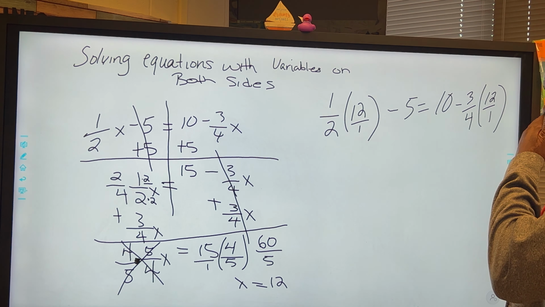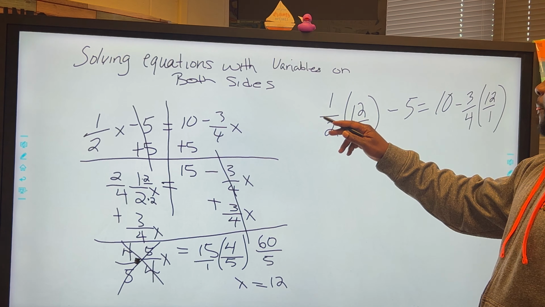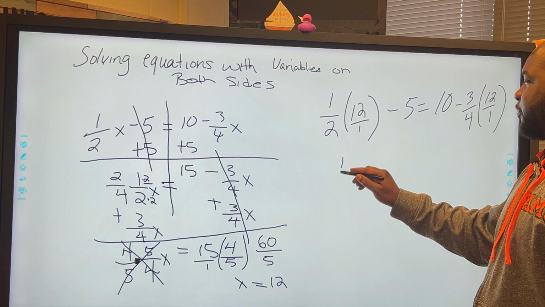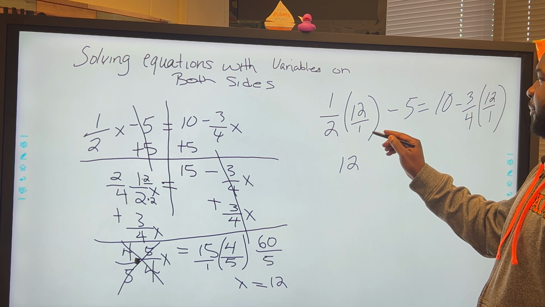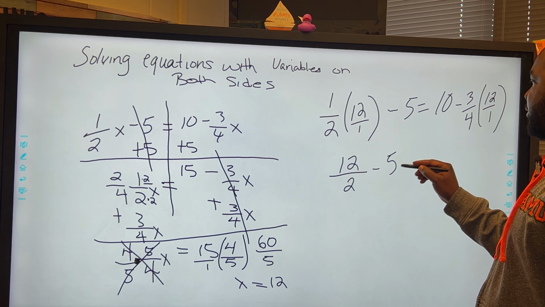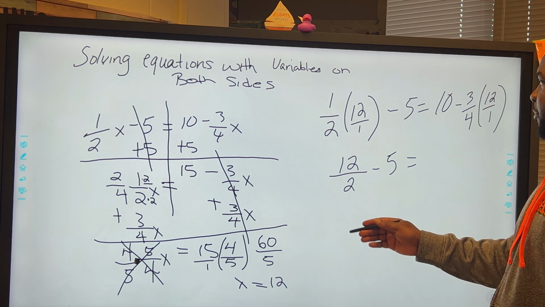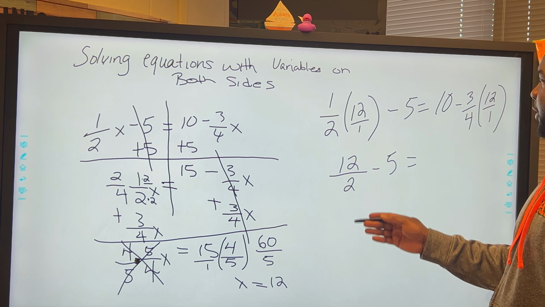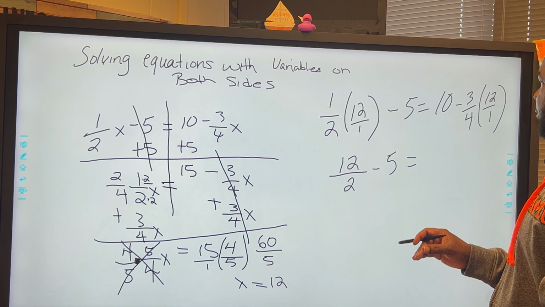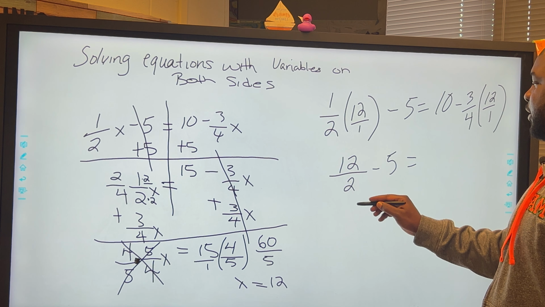Okay, so let's go ahead and start. We know 1 times 12 is 12, and 2 times 1 is 2. Take away 5 equals. I'm going to solve my left side of the equation first, because I can break it apart, taking the chunks out and just focusing on this side.